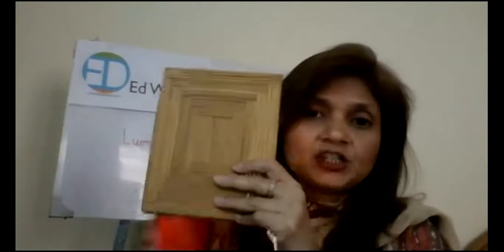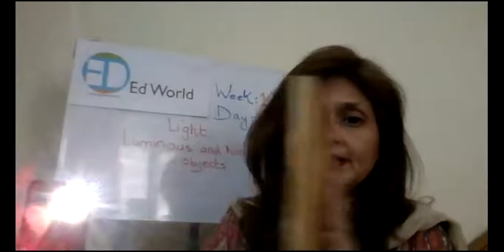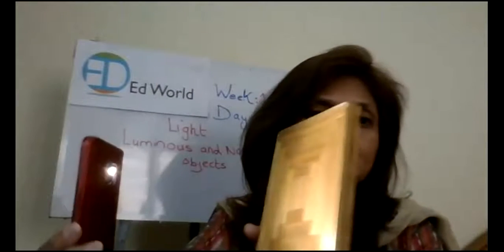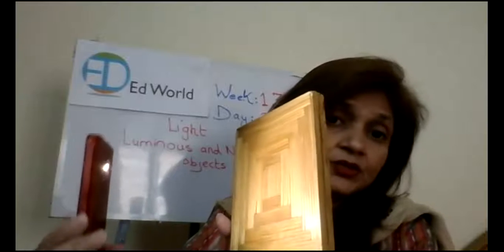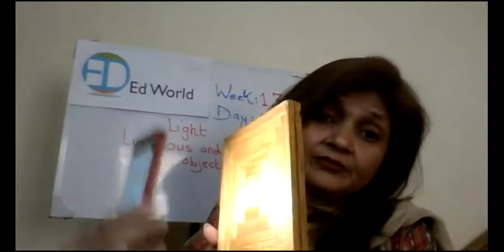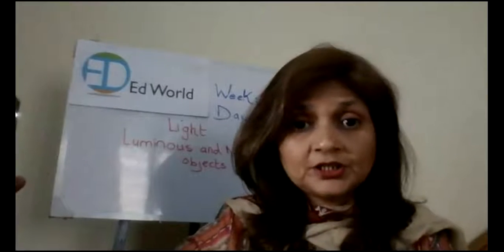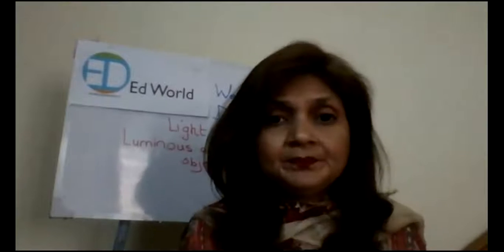Now, what is this? It is a frame, right? Now, if I shine light on it like this, can you see it? Can you see the light? Yes. So it is getting light from my torch, right? In the same way, this is a book. It's a book, right? Now, does it have light? Does it give light?